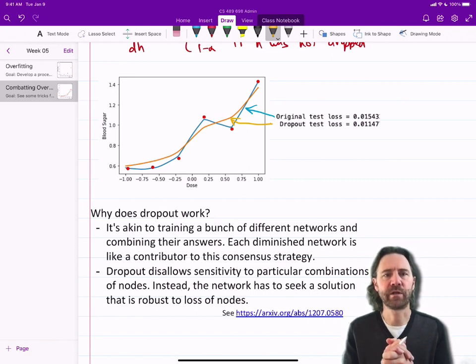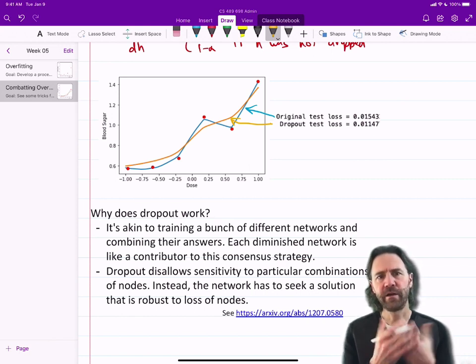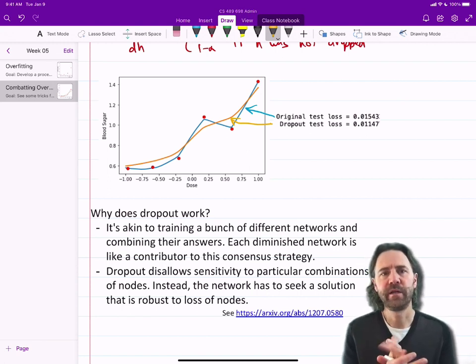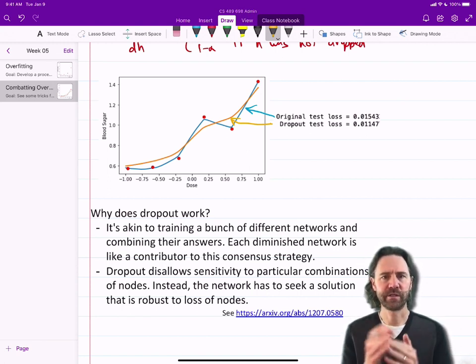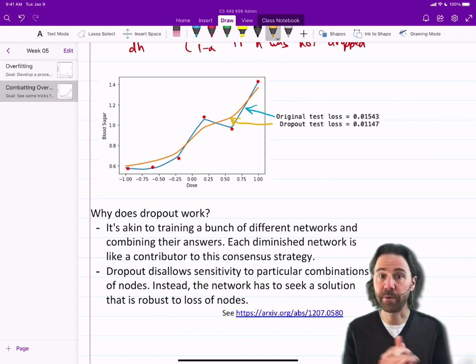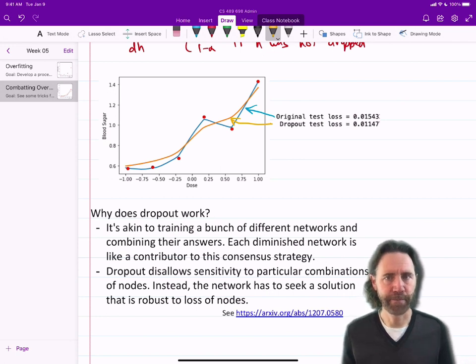So each diminished network is likely a contributor to this consensus strategy. Another way of thinking about it is that dropout disallows sensitivity to particular combinations of nodes. So instead, the network has to seek a solution that's robust to loss of nodes.